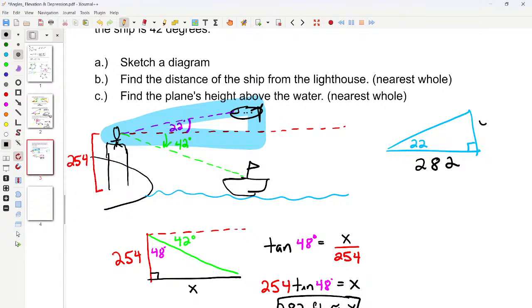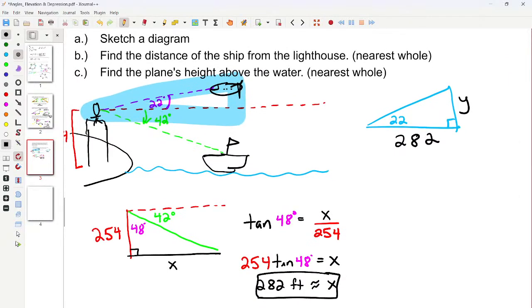I'll call this y since I already used the variable x in this problem, just so it's clear for you guys. We will say that the tangent of 22 is y over 282. Multiply by 282.